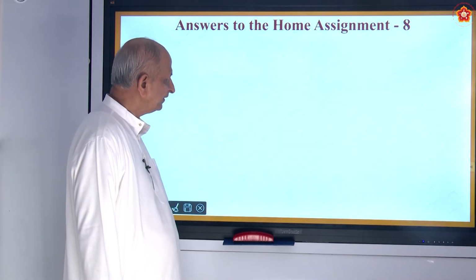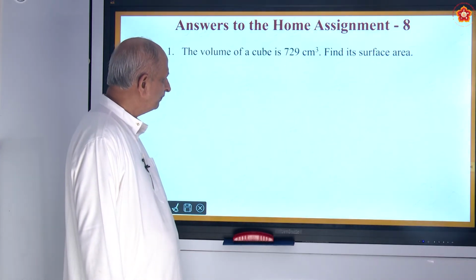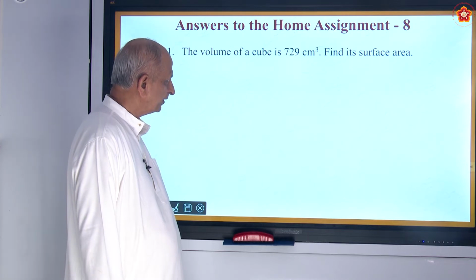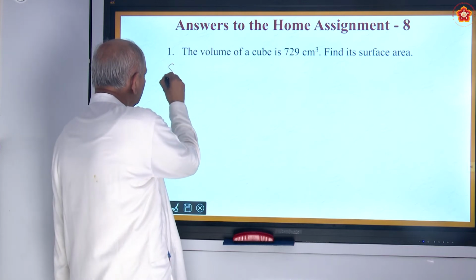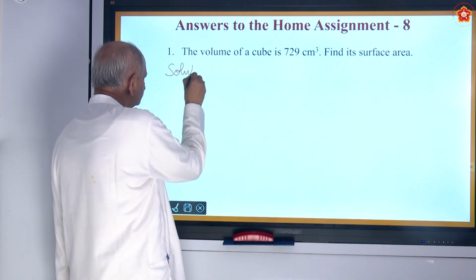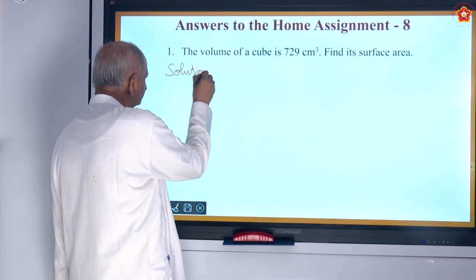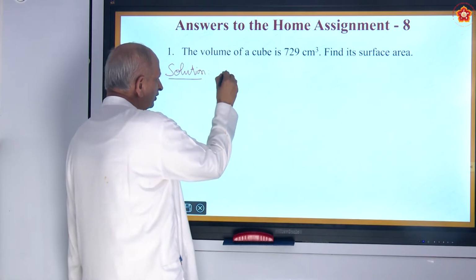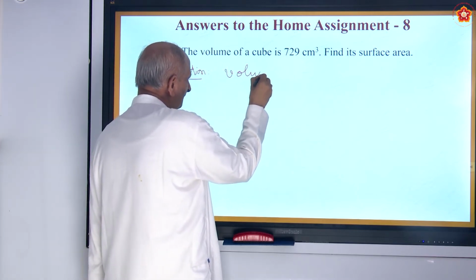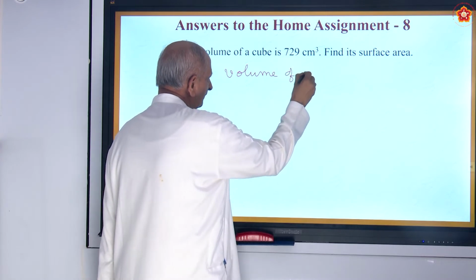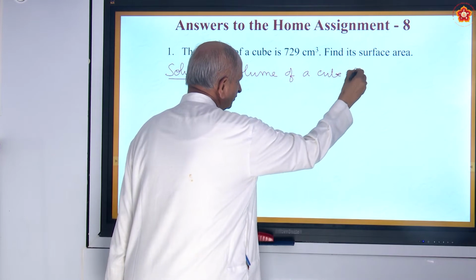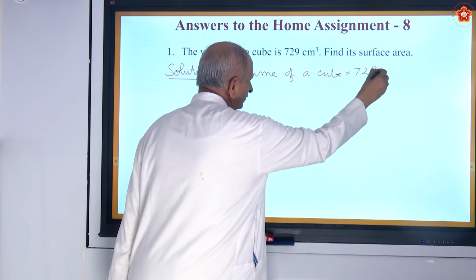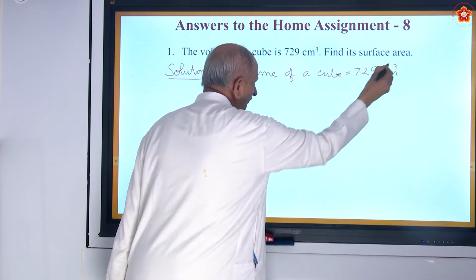Coming to the home assignment. The volume of a cube is 729 centimeter cube. Find its surface area. So there is a cube, and its volume V is 729 centimeter cube.